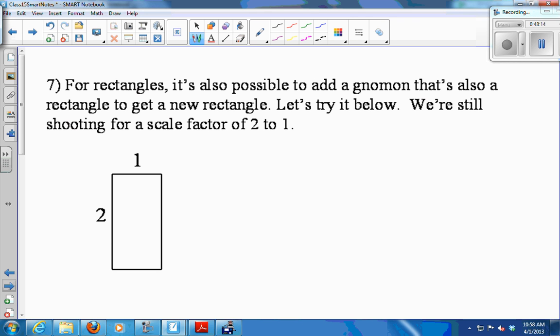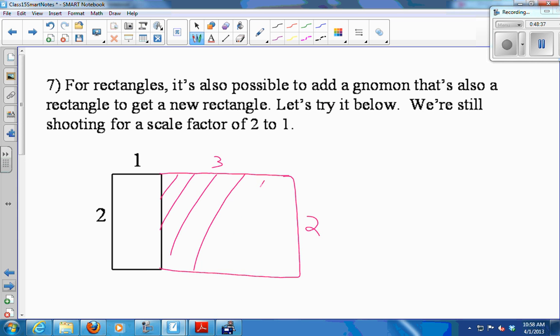So it's also possible to add a gnomon that's also a rectangle. So I would go like this, 3 units this way, and 2 units down.